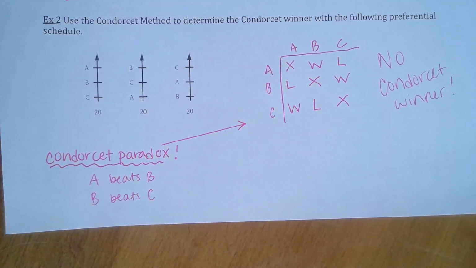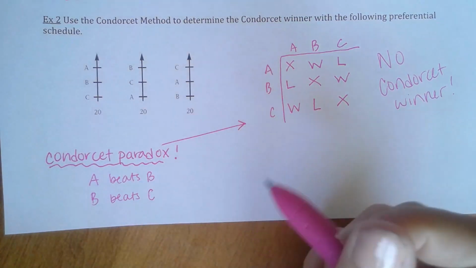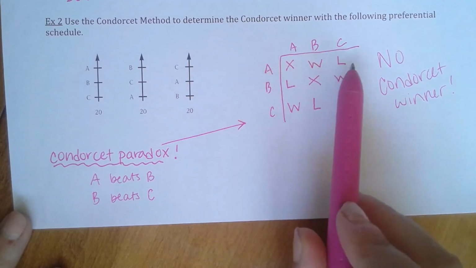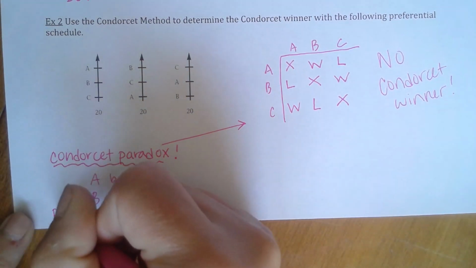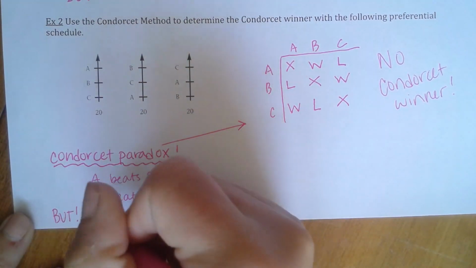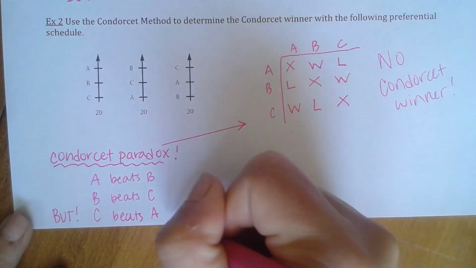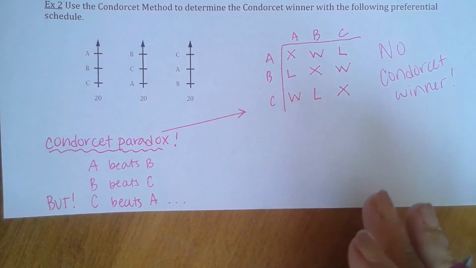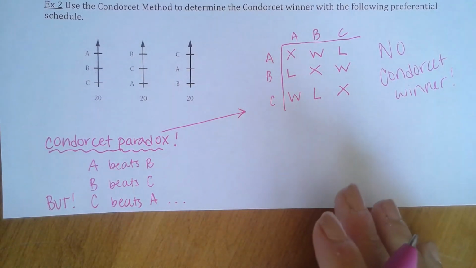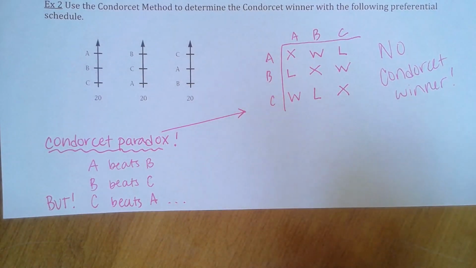So if I were making some general reason and I said, hey, if A beats B and B beats C, shouldn't it be that A beats C? But if I look at my chart here, A actually loses to C. So this doesn't actually make a whole lot of sense, which is why this is called this paradox idea.